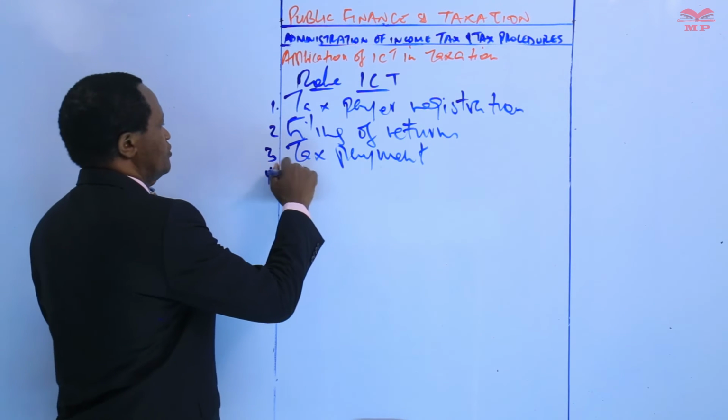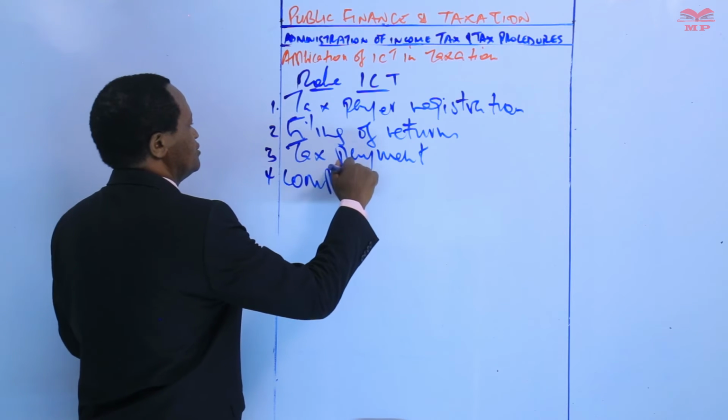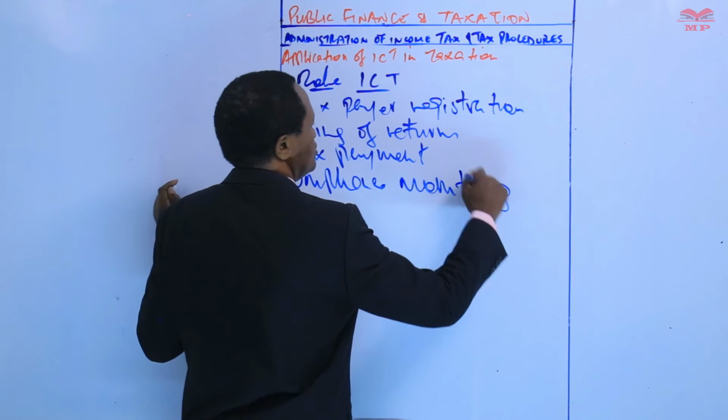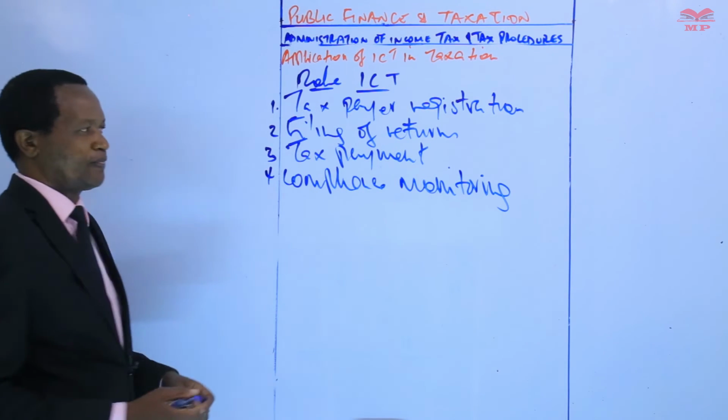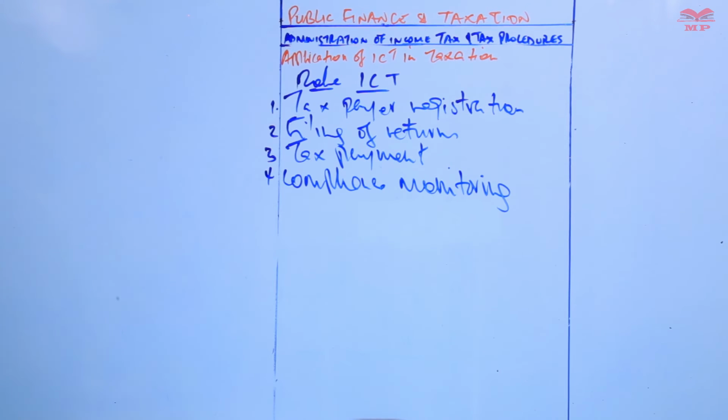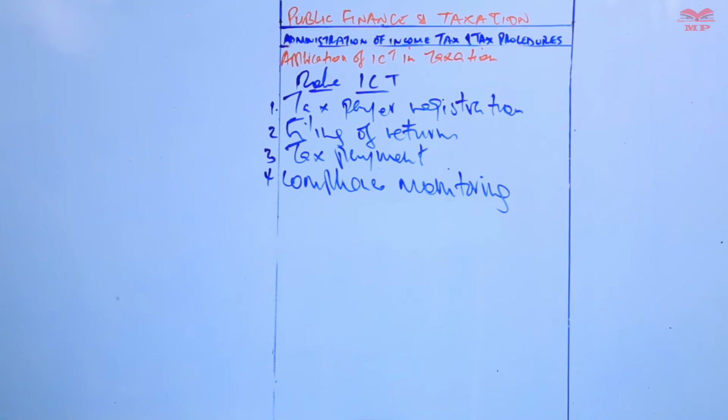4, compliance monitoring. Using data analytics and system checks to identify non-compliant taxpayers is also possible today because of ICT. Okay?